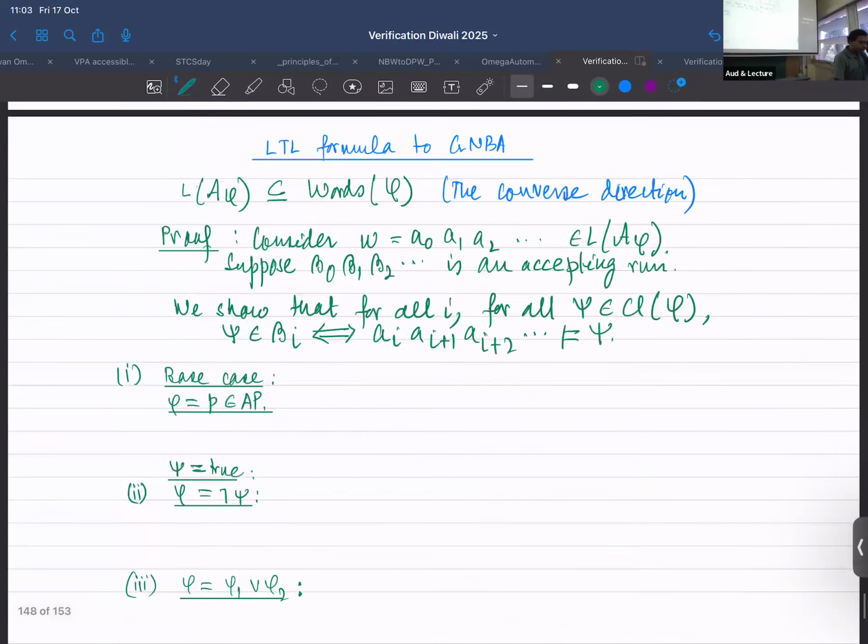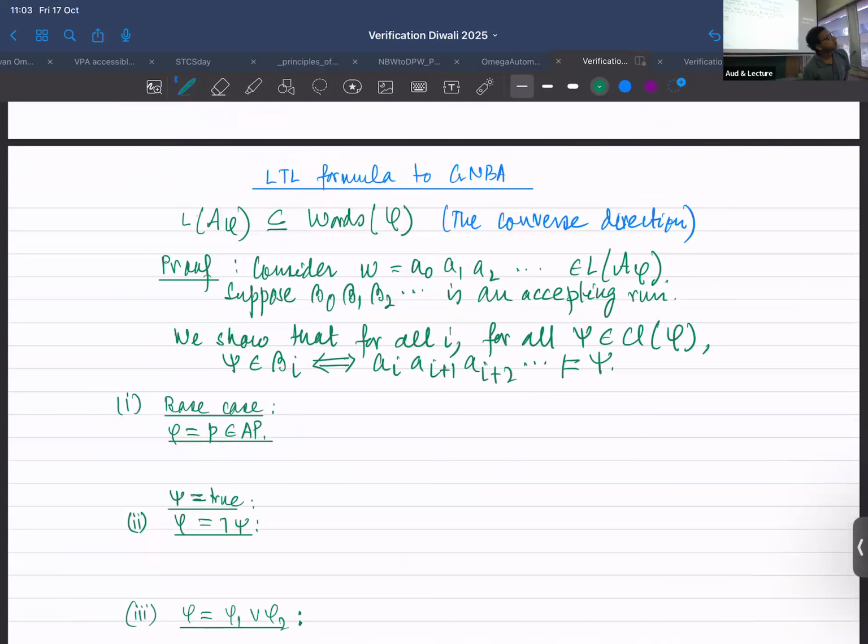So we proved one direction of the construction, that if there is a word which satisfies the formula phi, then this word is also accepted by the automaton that we constructed. Now we are going to prove the other direction for the correctness: if the automaton accepts a word, then the word should indeed satisfy the formula phi.